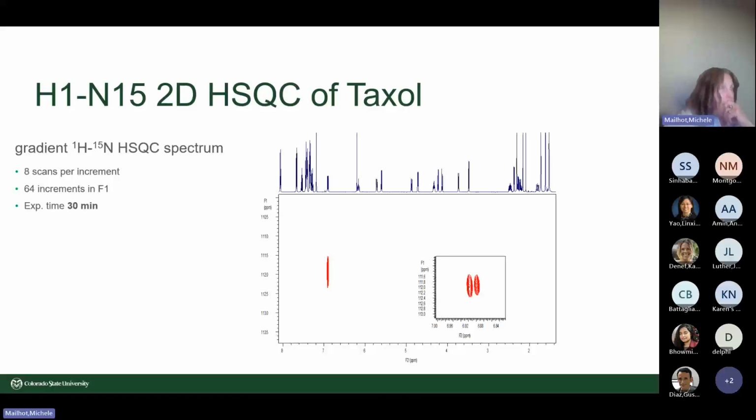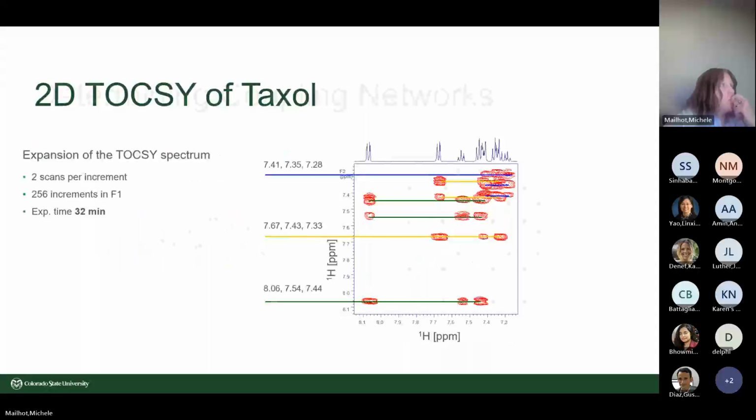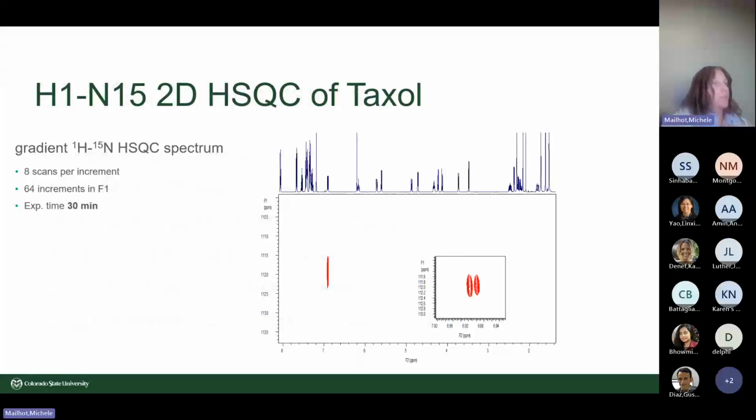So the other experiment that you can run for HSQC and was run on this molecule was a proton nitrogen correlation experiment. So there turns out there's one nitrogen in this molecule and it's attached to one proton. So that's this cross peak here. If you blow it up, it just looks like this. It has a splitting pattern.